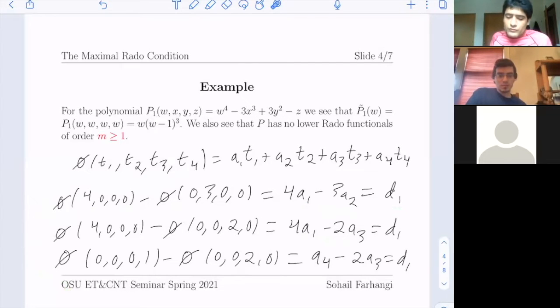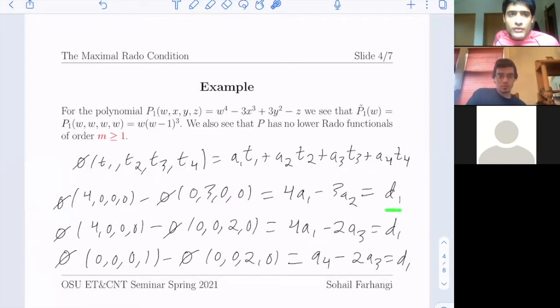And this should happen for infinitely many different functionals phi, which are going to be monochromatic with respect to some given coloring.